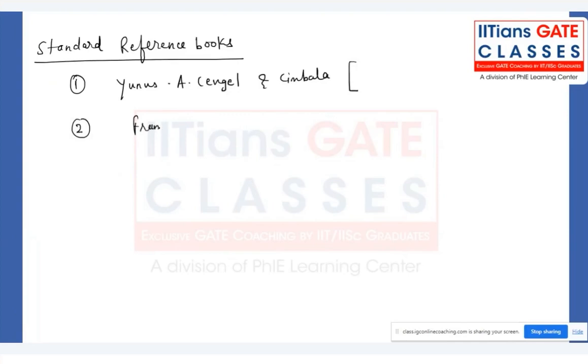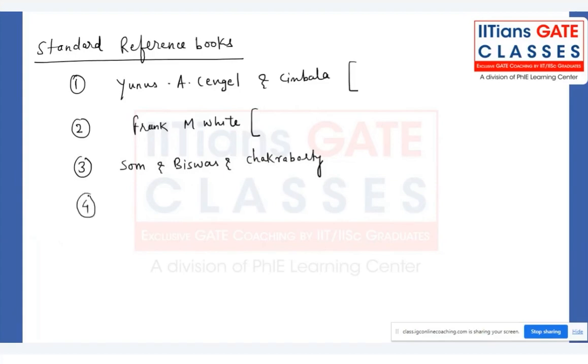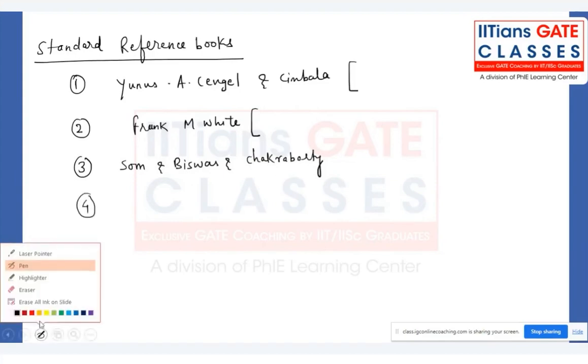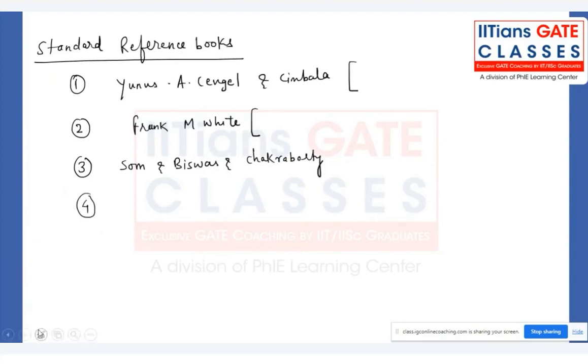Then you have Frank M. White, FM White, correct? Then Biswas and Chakraborty, right? These three are IIT professors, of IIT Kharagpur. These are the legends of microfluidics or fluid mechanics or whatever aerodynamics you say.